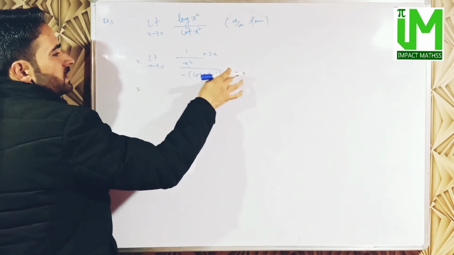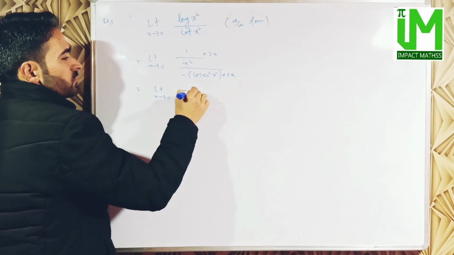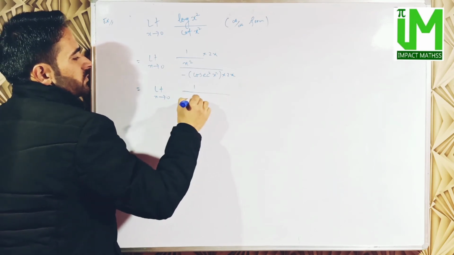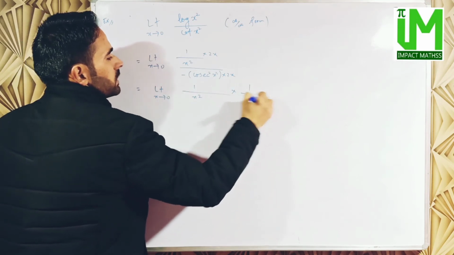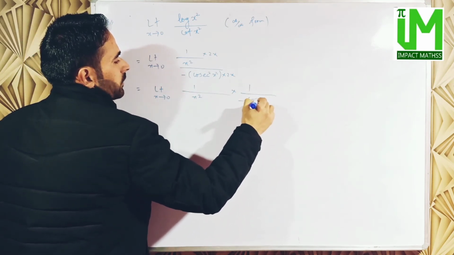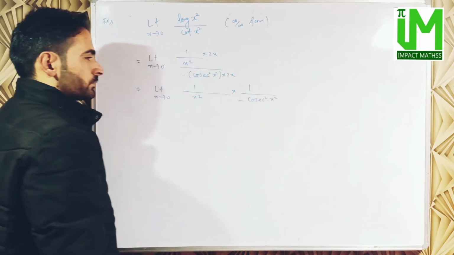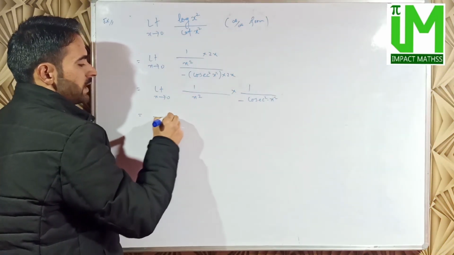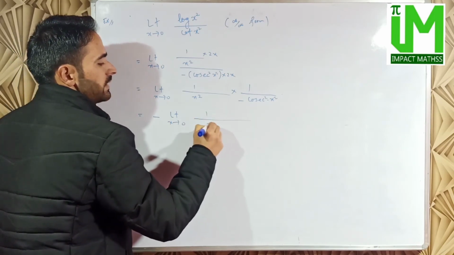So 2x and 2x will cancel, so it will be limit x tends to 0, 1 divided by x square into 1 divided by minus cosec square x square. This will be equal to minus limit x tends to 0, 1 divided by x square.